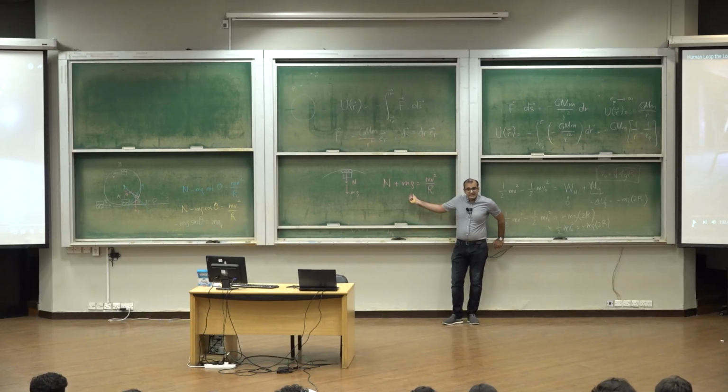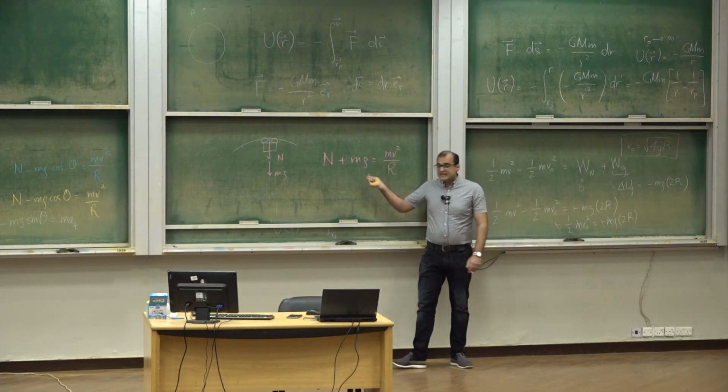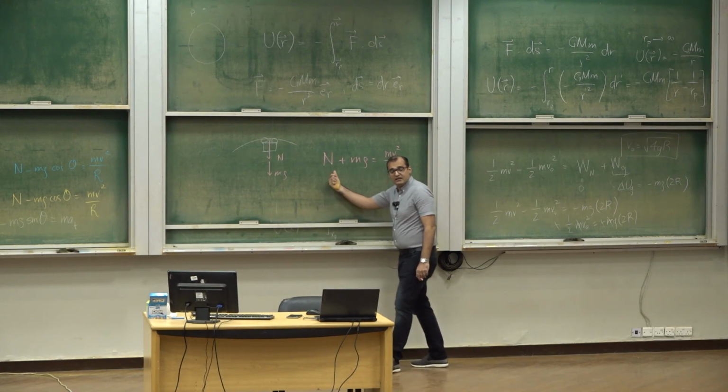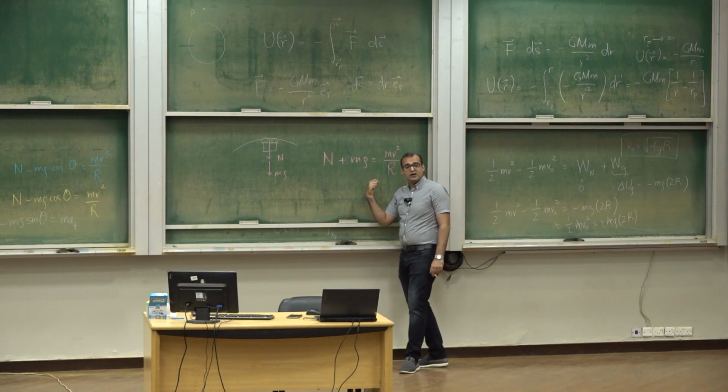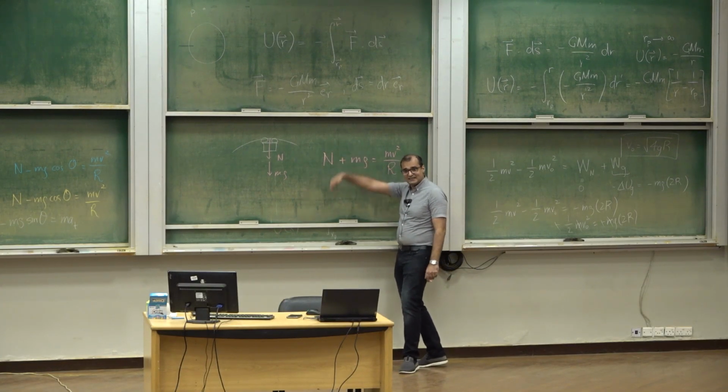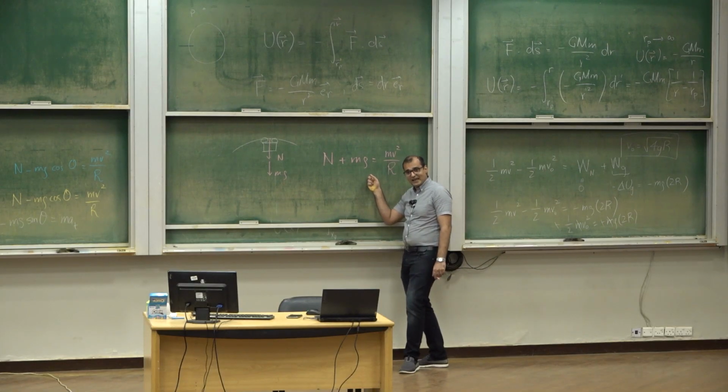Well, you have a constraint. You must always have the situation in which the normal force is pointing in this way. Which means in this equation what should be the value of N? Should N be positive or negative? No, it will be positive in this case. Look, I have taken the downward direction as positive when I wrote the equation.